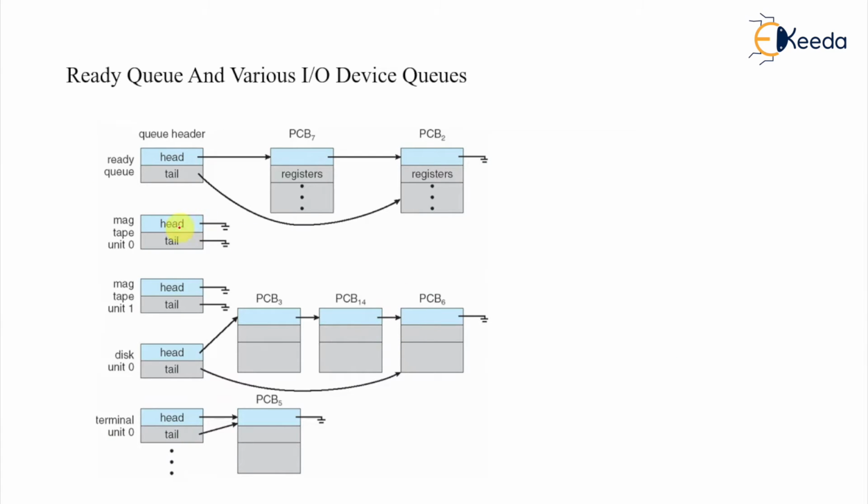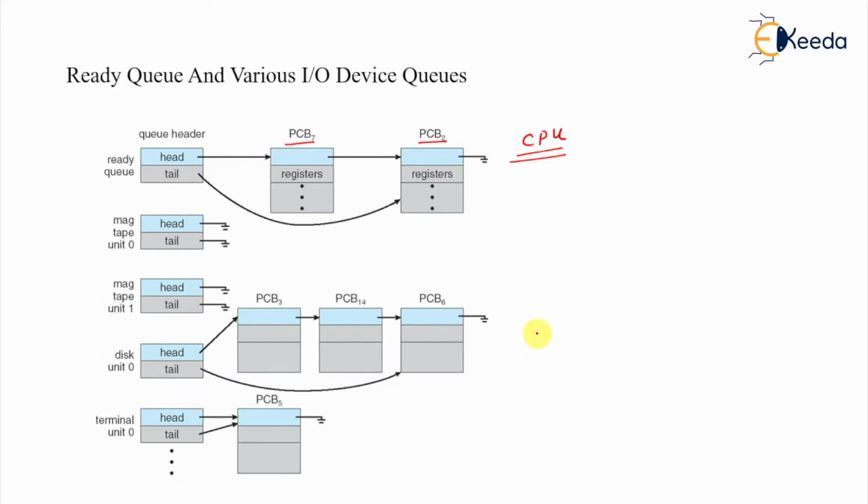So this is how a ready queue will look, and we have already seen the process control block, which defines the process. The ready queue is something like this: a queue managed by a head and a tail, and in that you can have, like here, PCB7 and then PCB2, that is the head and that is the tail. So one by one a process will be taken out and given to the CPU for execution. Similarly, you have magnetic tape unit 0 and unit 1, and there is a disk.